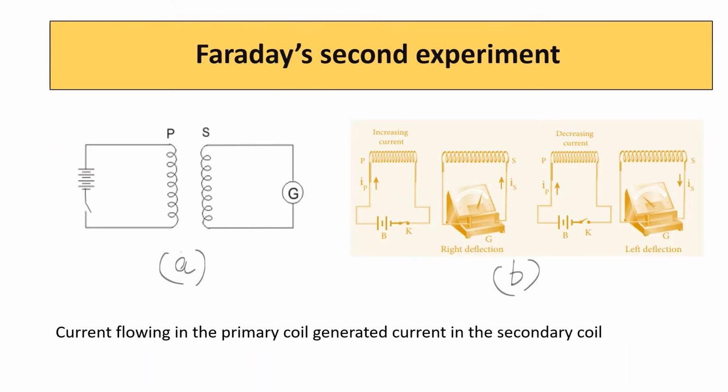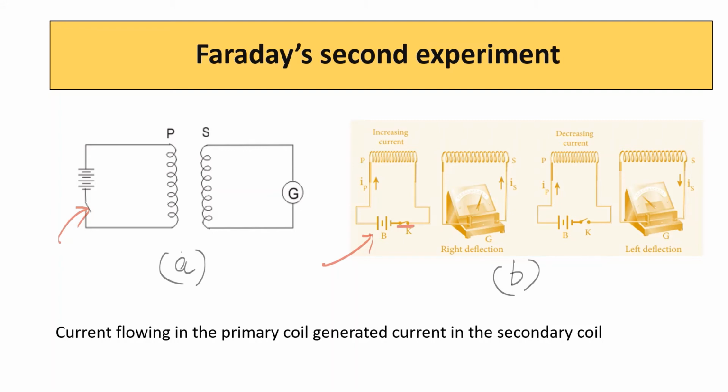What is Faraday's second experiment? In figure A, there is a primary coil and a secondary coil. The primary coil is connected to a battery and a key. The secondary coil is connected to a galvanometer. When the switch is closed, look at this diagram.